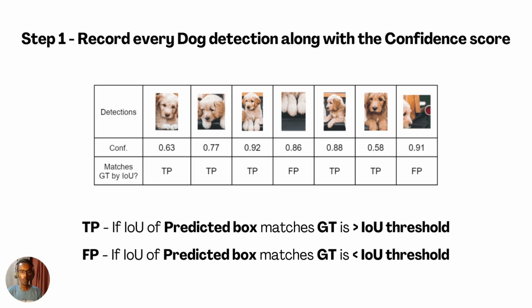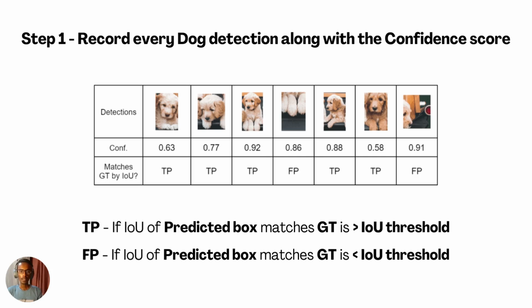If the IOU of the predicted box with the ground truth is greater than the IOU threshold, then we label that detection as a true positive. And if the IOU of the predicted box with the ground truth is less than the IOU threshold, then we label that a false positive.